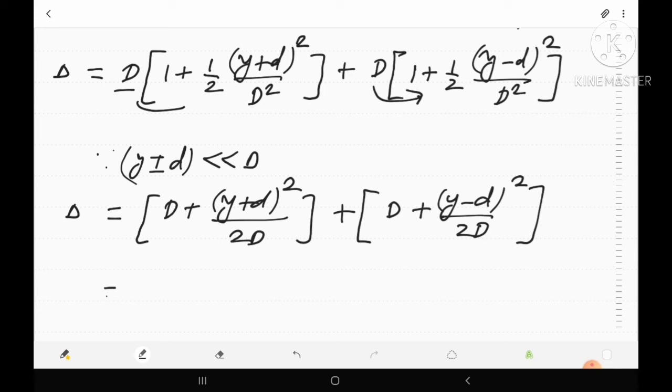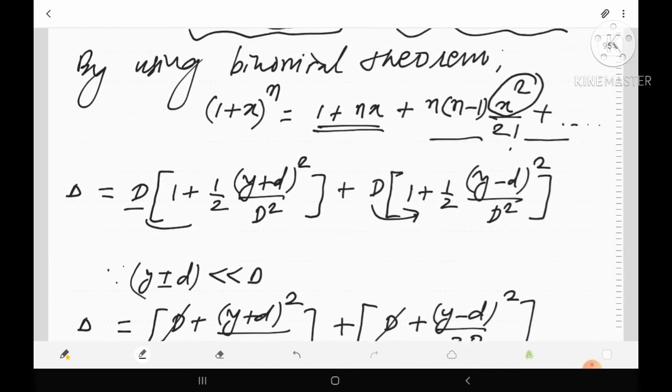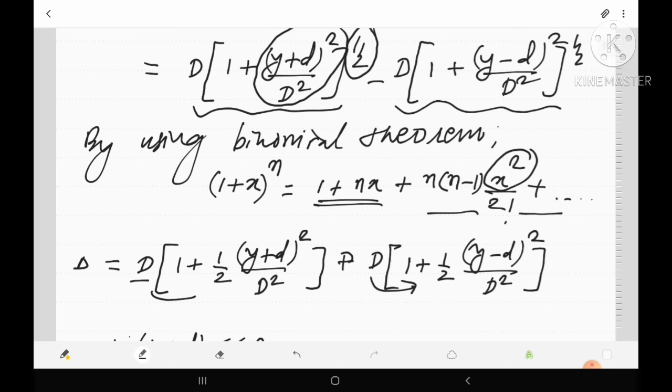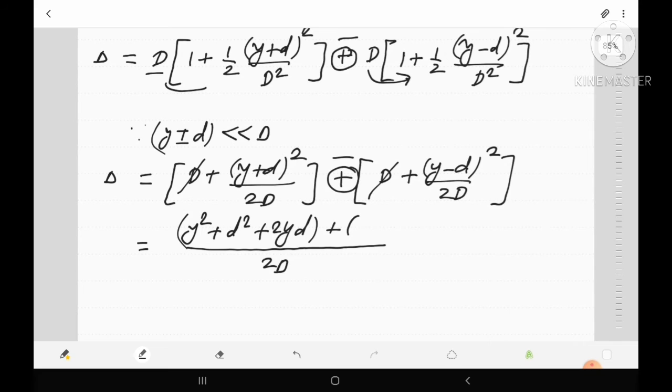So when we remove this bracket, then d and d will be cancelled out. 2d is common to both, so 2d will be as it is. Y plus d whole square may be written as y square plus d square plus 2yd. Similarly, actually here it is minus, this sign is negative, so here it will be negative, y square plus d square minus 2yd.